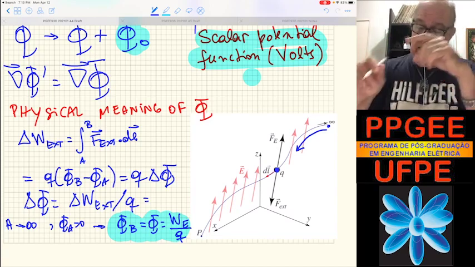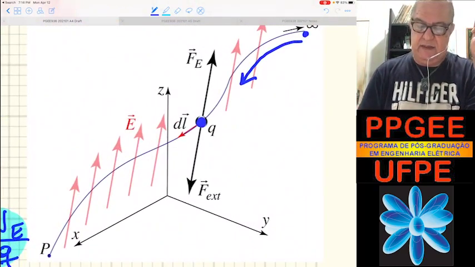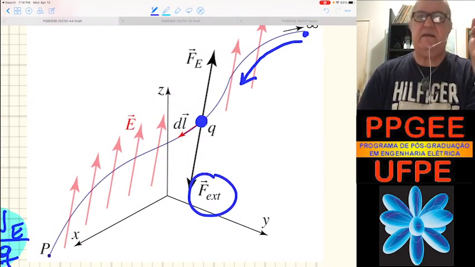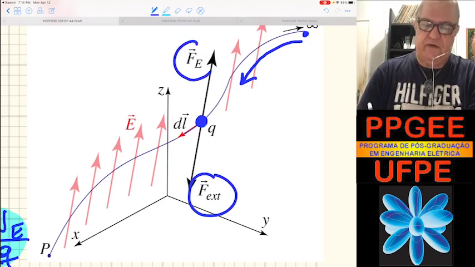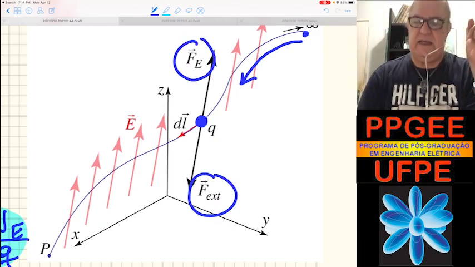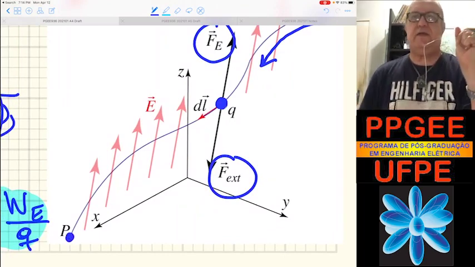Okay, so in this figure here, you can see that at some point you have this charge. So the external agent is applying a force F external, which equilibrates perfectly the electric force. So it does that until it gets to the final point, which is this point here.